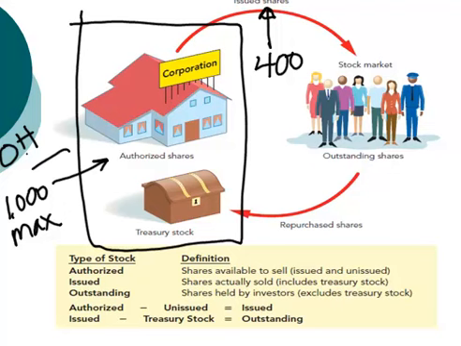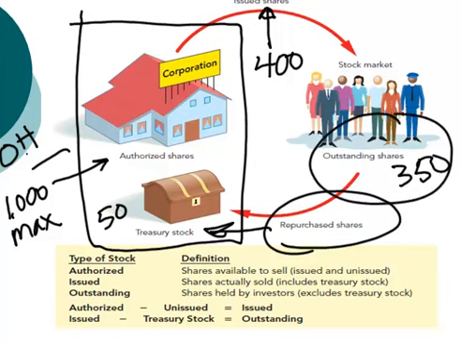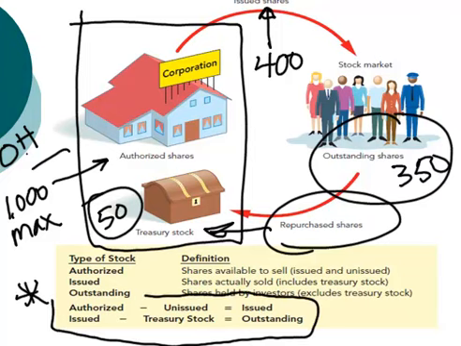At some later point in time, a company might decide to repurchase shares. Those are said to be held in treasury. If a company repurchases 50, there would remain outstanding only 350. These are the shares that are active. The shares that are held in treasury do not receive dividends and do not have the privilege of voting. Take a minute to review these terms and understand this relationship.